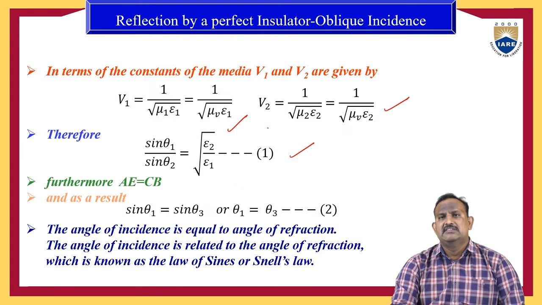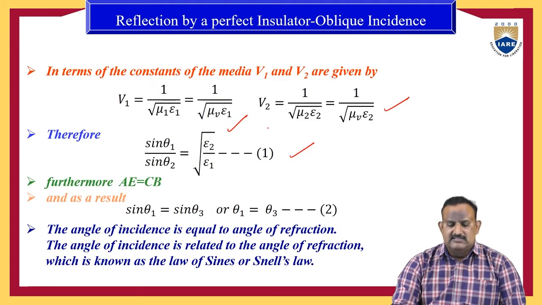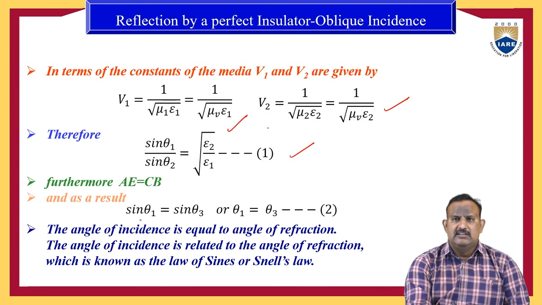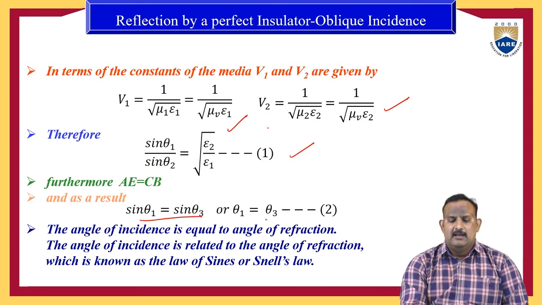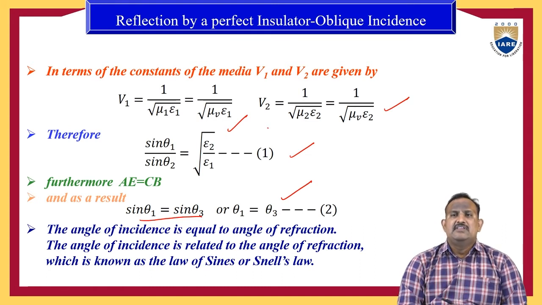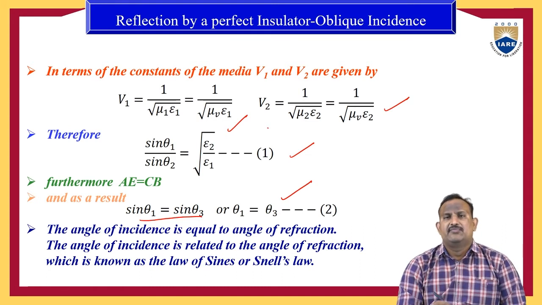As a result, because the incident wave and the reflected wave both travel equal distances, both angles are equal. Therefore, theta 1 equals theta 3, so the angle of incidence is equal to the angle of reflection.